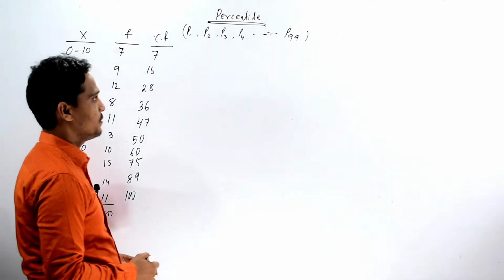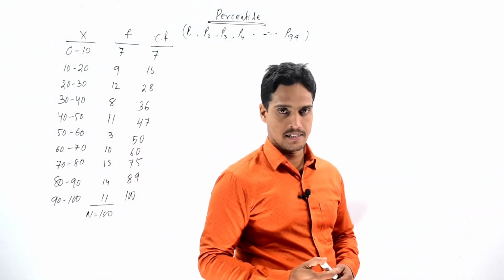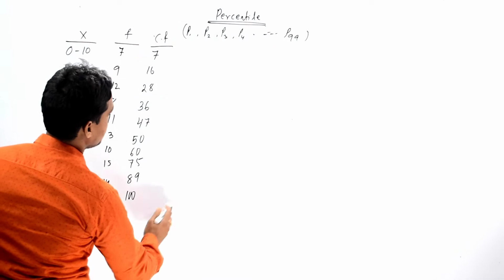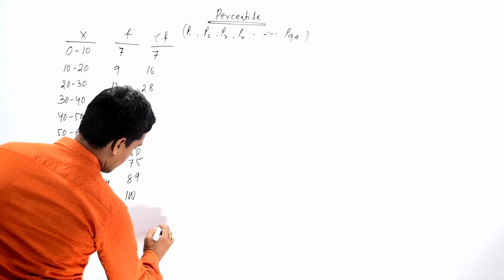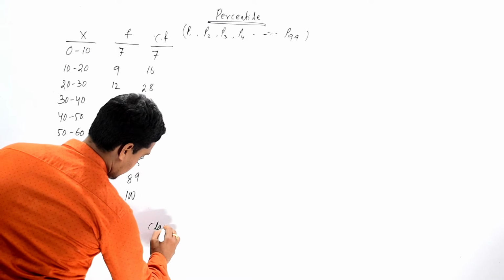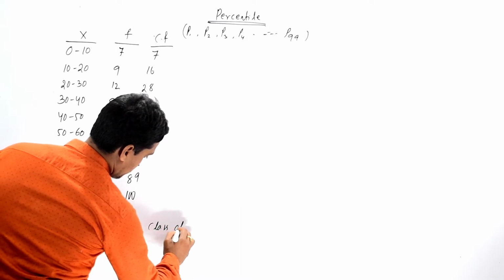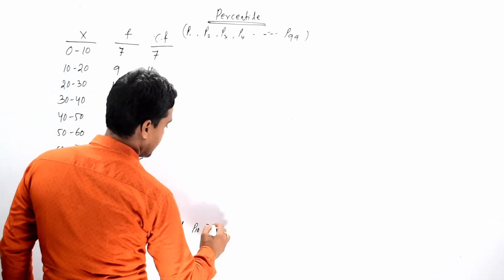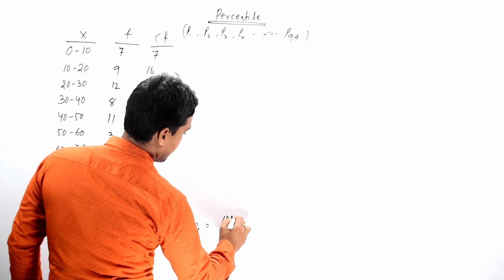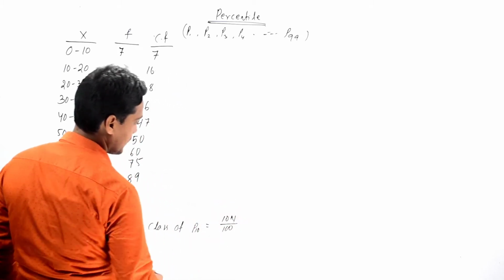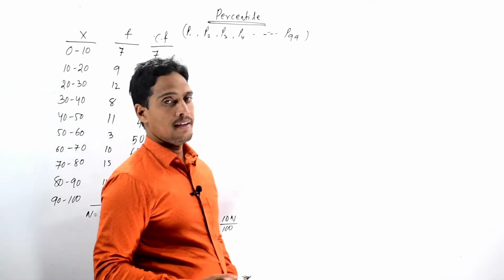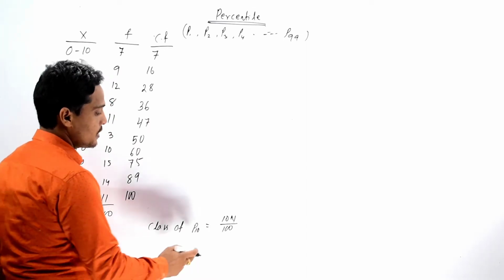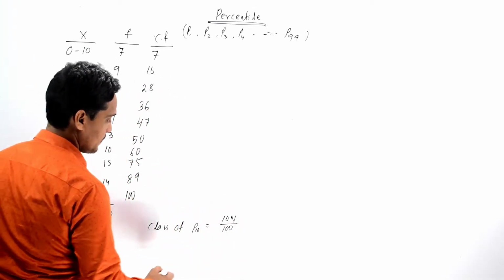Now we have to find out different percentiles. Suppose first of all we have to find out P10. As it is a continuous series, first of all we have to find the class of P10, that is 10n by 100. As the percentile divides a series into 100 equal parts, here we divide by 100.